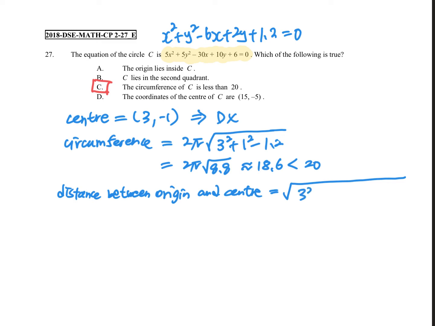So that would be basically 3 squared plus 1 squared, and that would be square root 10, which is bigger than square root of 8.8. So that means the distance between the origin and the center would be longer than the radius.